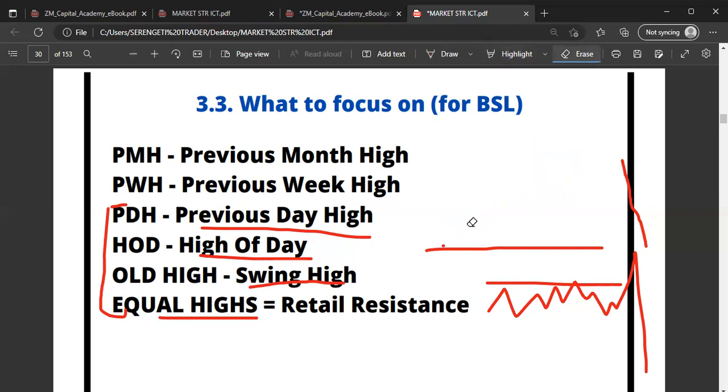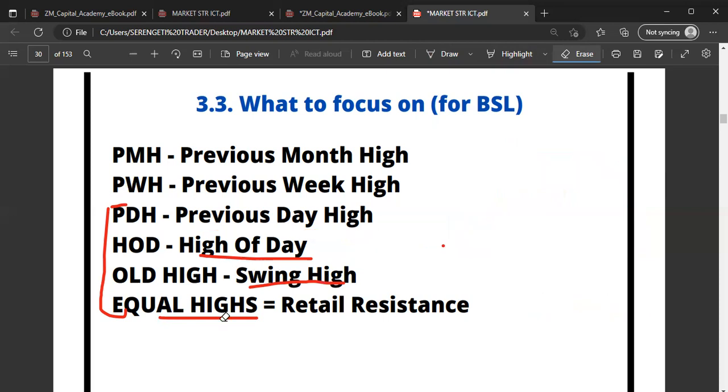May I ask, is the buy stop liquidity a specific area or price?